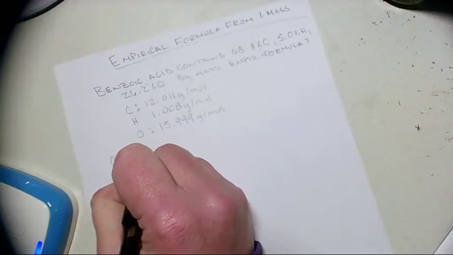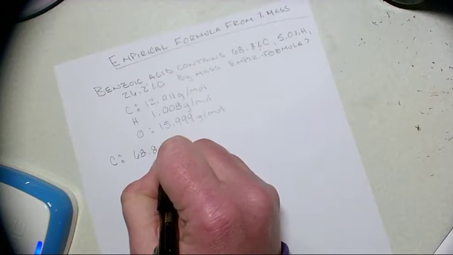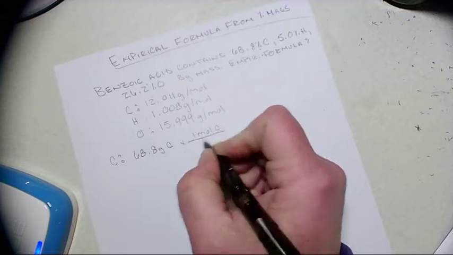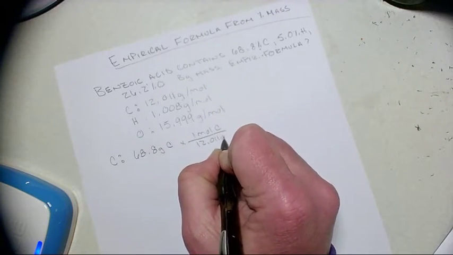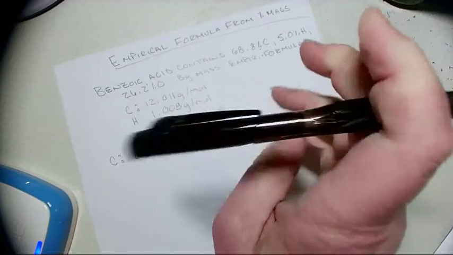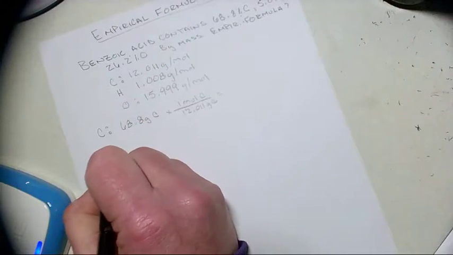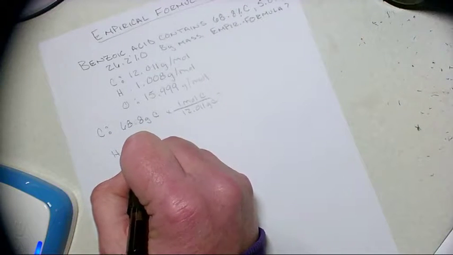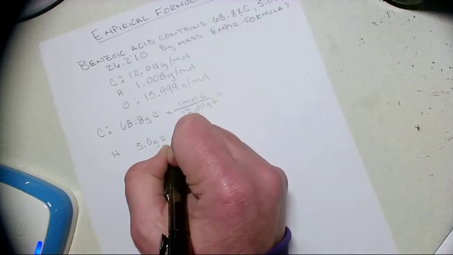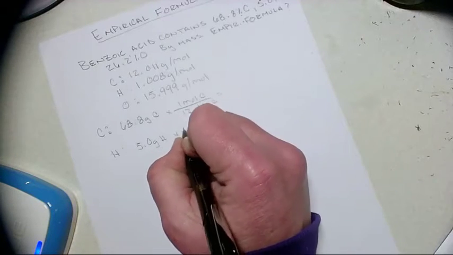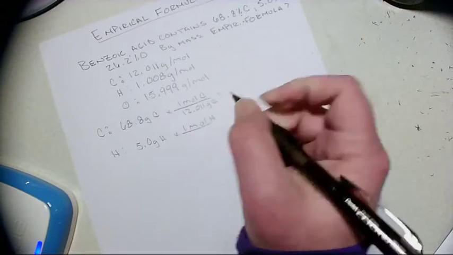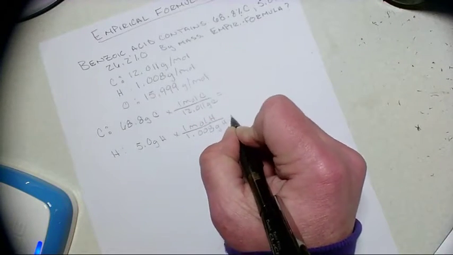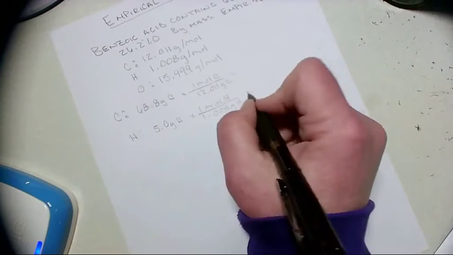So we have 68.8 grams of carbon times 1 mole of carbon per 12.011 grams of carbon equals, and then hydrogen, I have 5.0 grams of hydrogen times 1 mole of hydrogen per 1.008 grams of hydrogen.